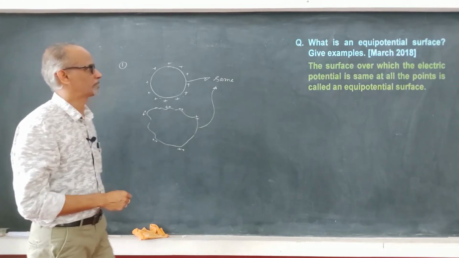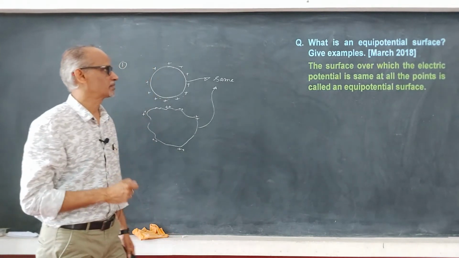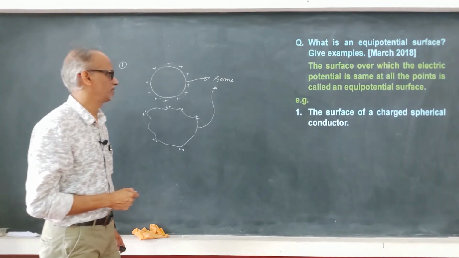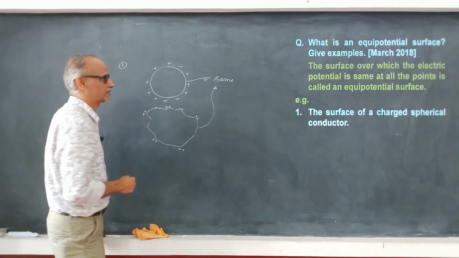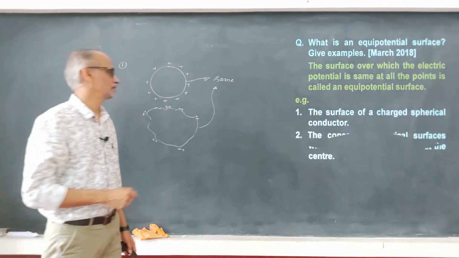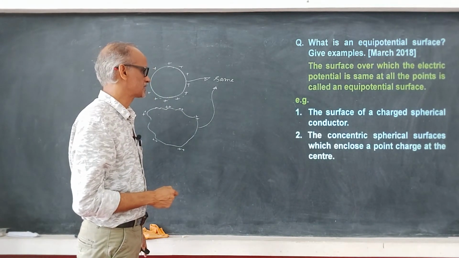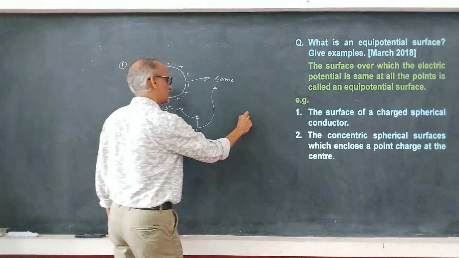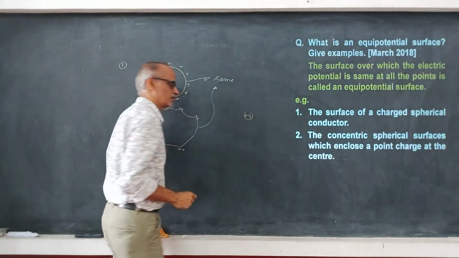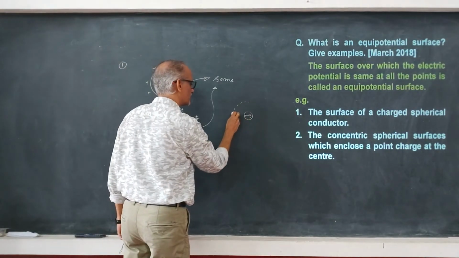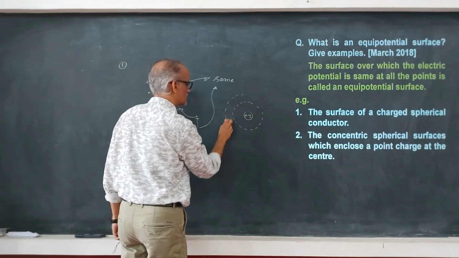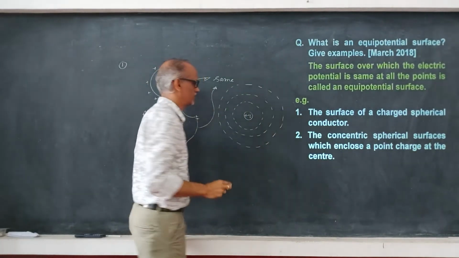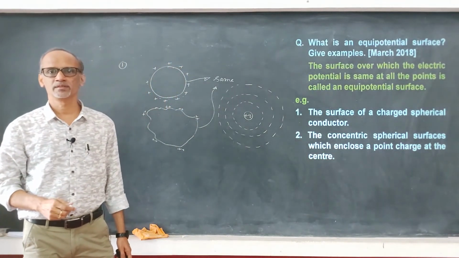So, what is the definition of equipotential surface? The surface over which the electric potential is same at all the points is called as an equipotential surface. So, example, the surface of a charged spherical conductor is one example. One more example, the concentric spherical surfaces which enclose a point charge at the center. So, if there is a charge here, positive or negative, then concentric spheres are another example for the equipotential surface.